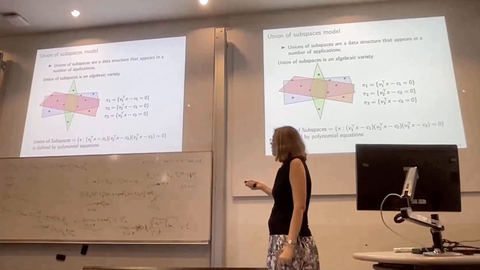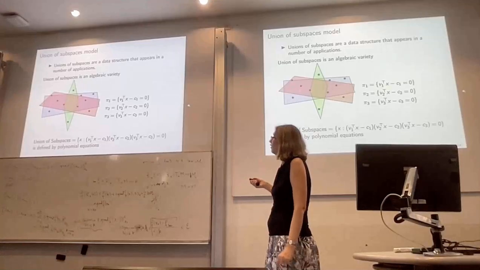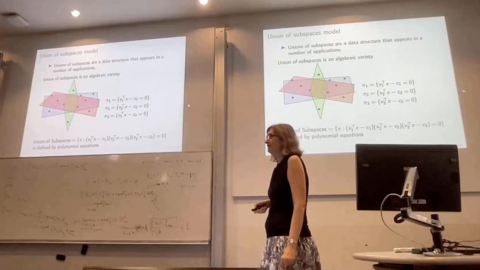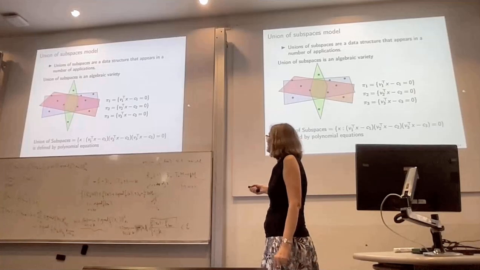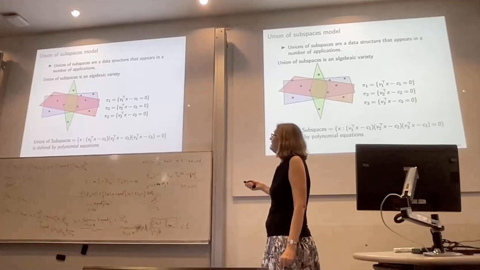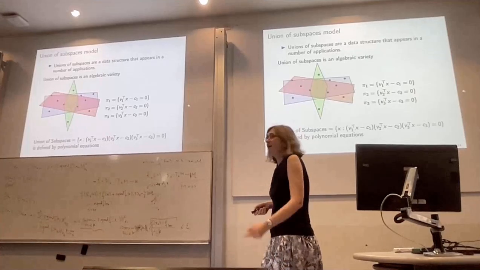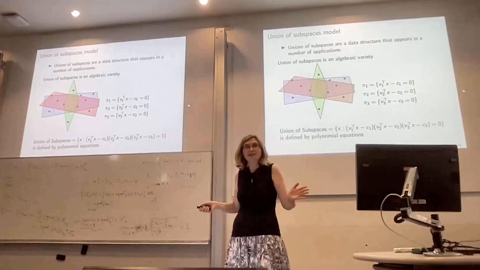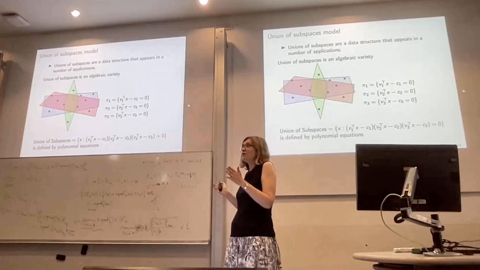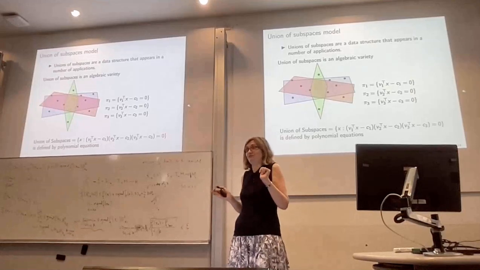So I can write my problem as this product of linear hyperplanes. The product has to be 0, so each point lies at least on one of these subspaces. This is not a low rank model. If I try to recover these points in a low rank model, this will not work.